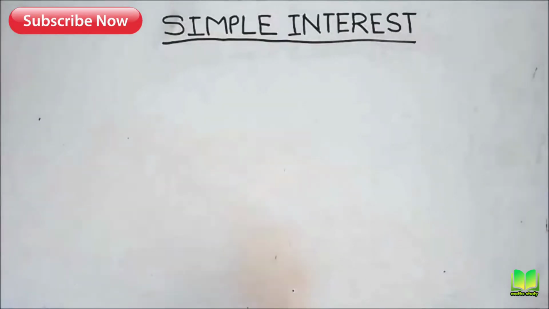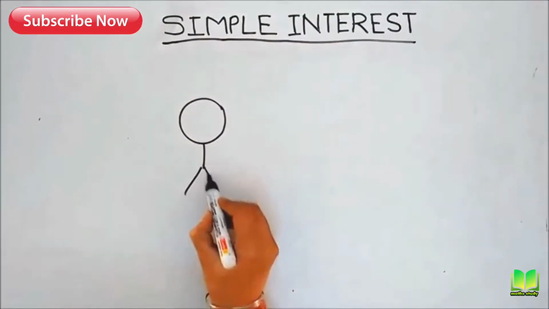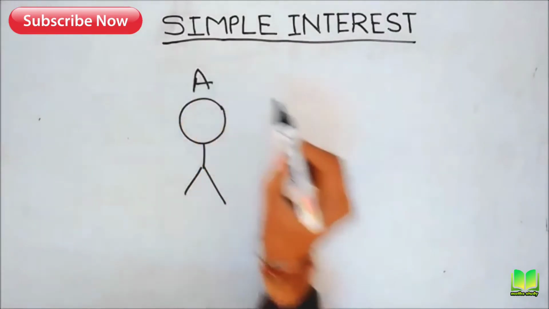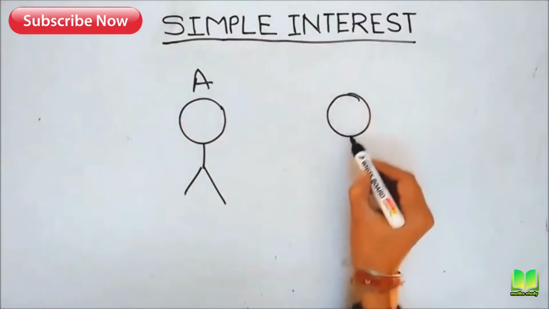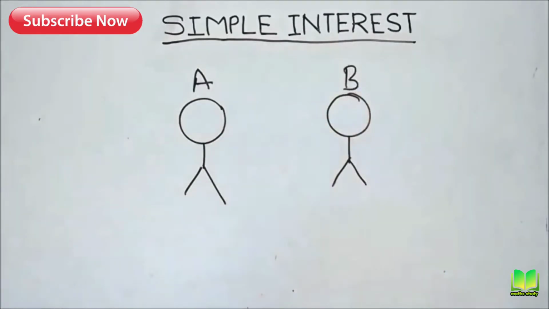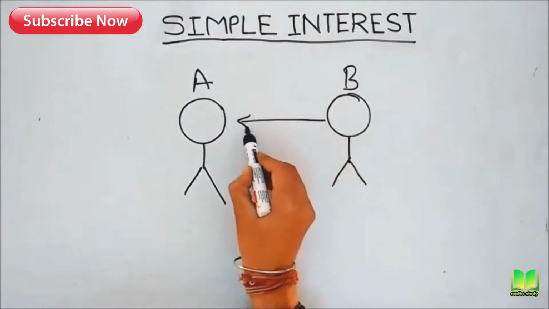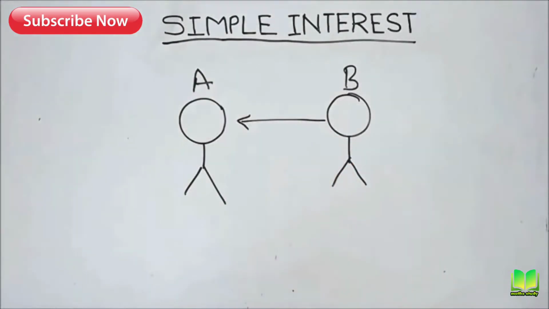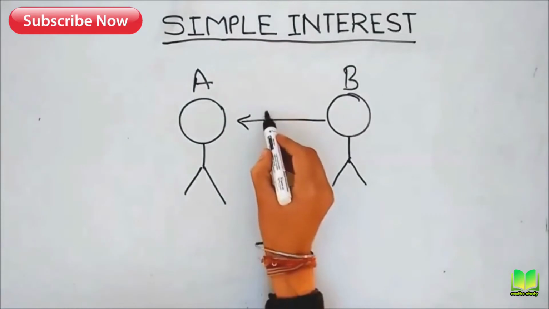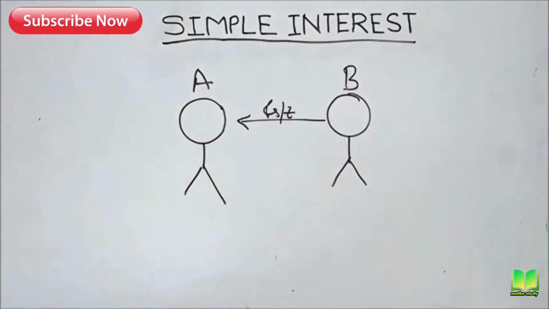Simple interest is, for example, there is person A and person B, or you can say the bank. Simple interest is when we borrow some money from a bank or another person for a certain period of time, then we have to pay some extra money to him.